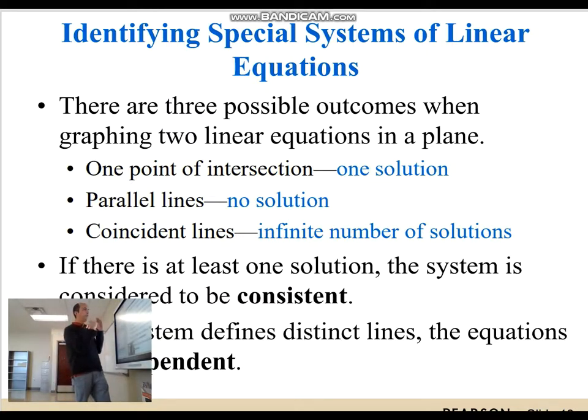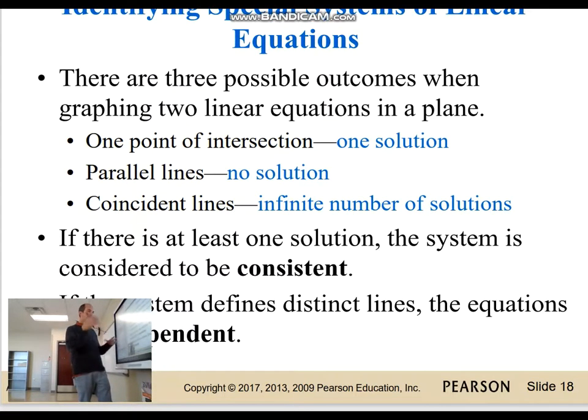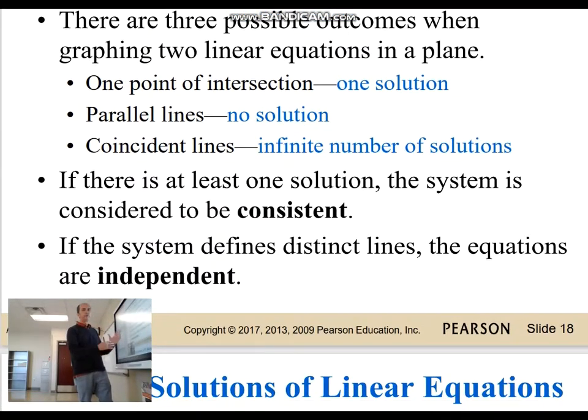If you find parallel lines, then you're going to say, yes, this has no intersection, this system has no solution. And the third situation is this: if the lines are one on top of the other, they are coincident. That means you're going to have an infinite number of solutions. All the points of each line are a solution for the system of equations.